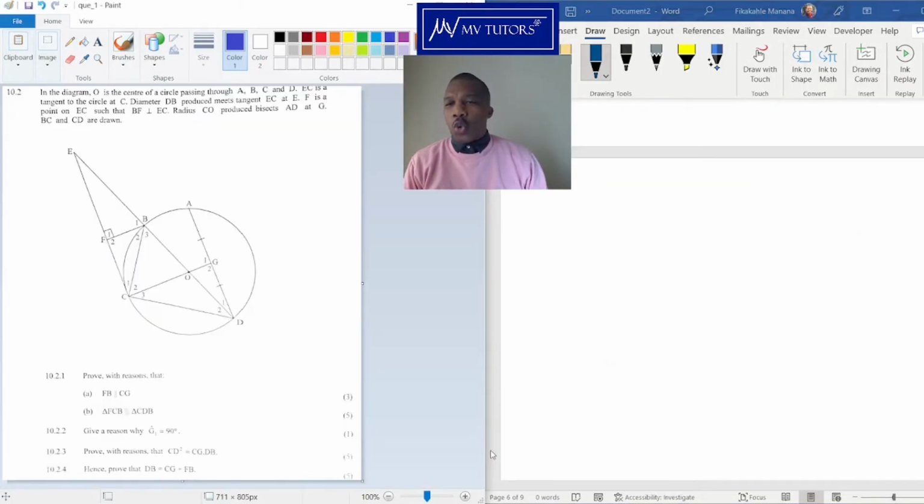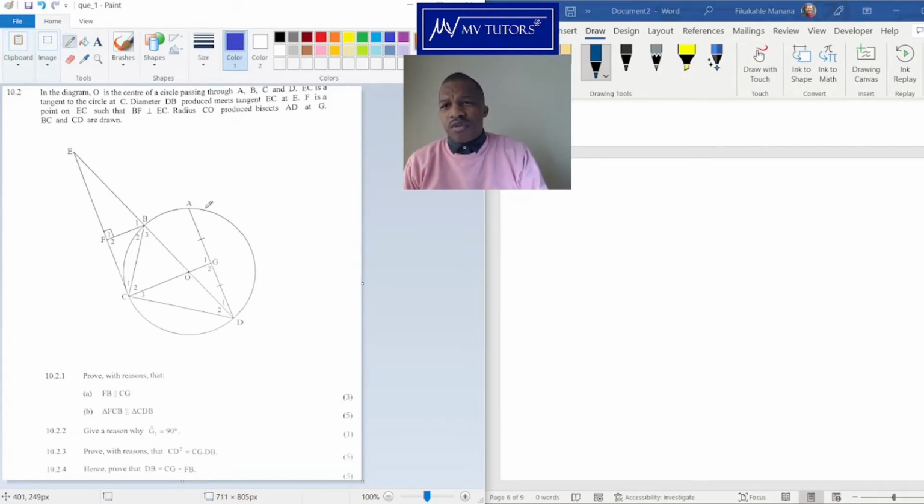Here we go, question 10.2. In the diagram, O is the center of the circle passing through A, B, C, and D. So what does this tell us? O is the center. That's telling us a lot of things.